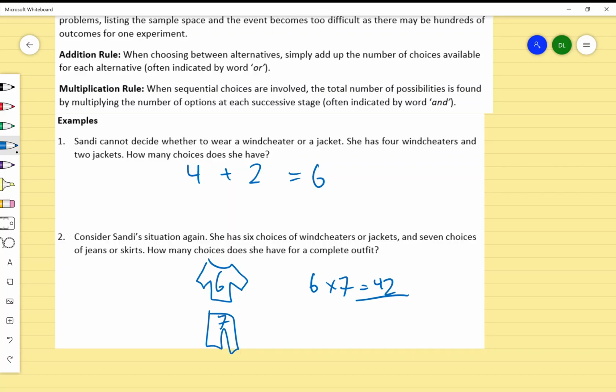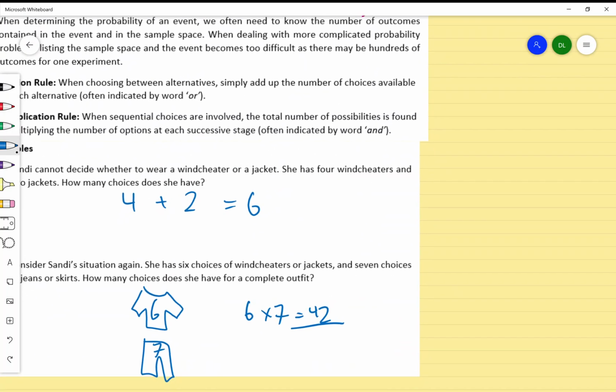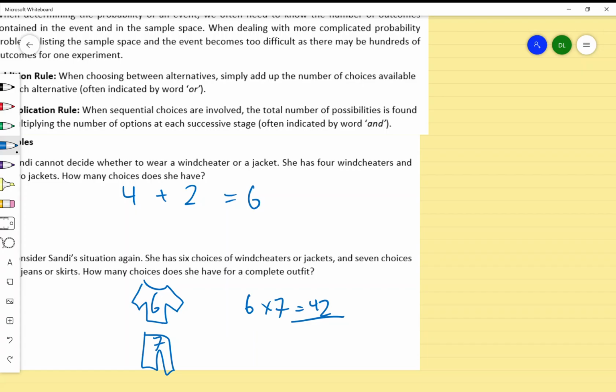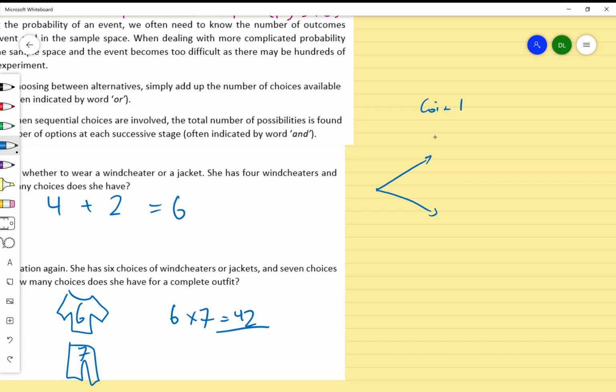Now, this is probably reminiscent of the tree diagram we've used in the past. Let's say I've got a coin flip, coin 1, and then I've got coin 2 over here. This should be relatively familiar to you. And you can see here I've got heads, tails. I'll do that in different colors so we can see.